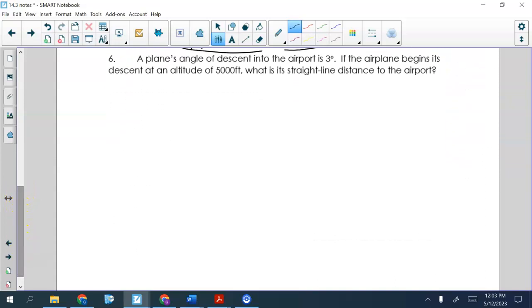All right, and the last one is very similar, but this one has an angle of depression, like the plane is descending into the airport. So if you start with the plane that's flying in and is coming to land at the airport, it says it's coming in to the airport at 3 degrees.